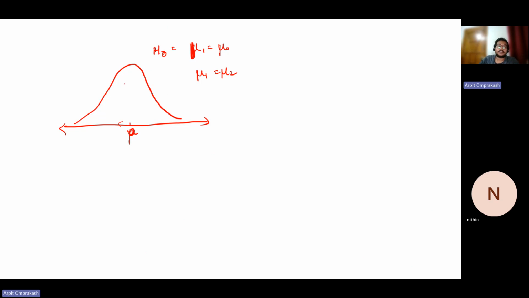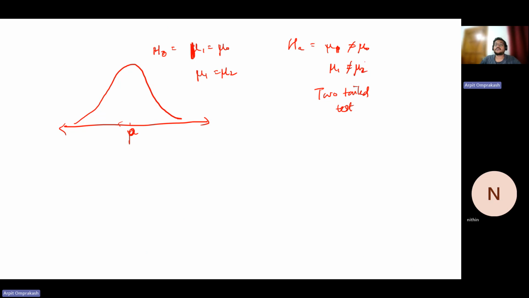We are trying to do a hypothesis test to see if this hypothesis holds true, or we should instead follow the alternative hypothesis, which is mu1 not equal to mu naught or mu1 not equal to mu2. So this is in the case of a two-tailed test.